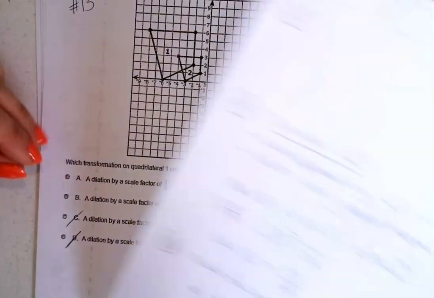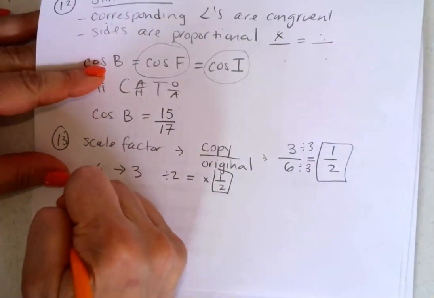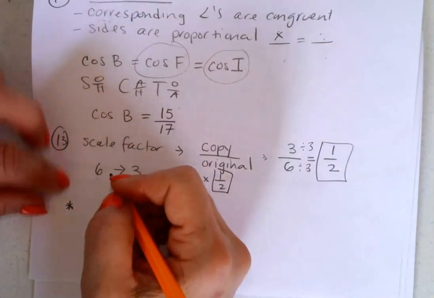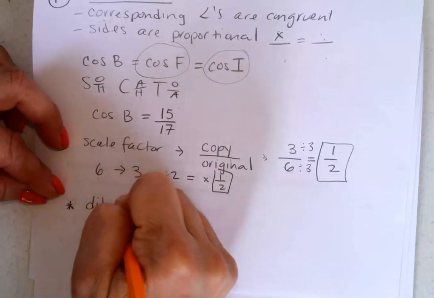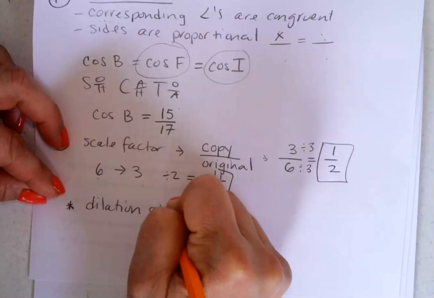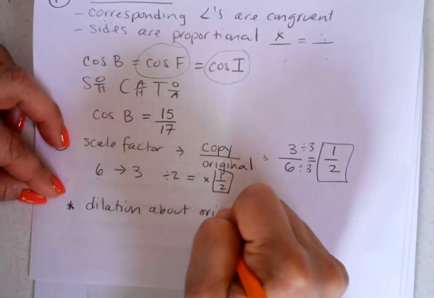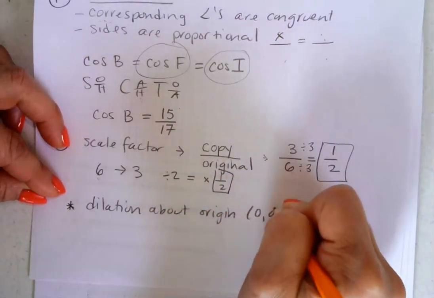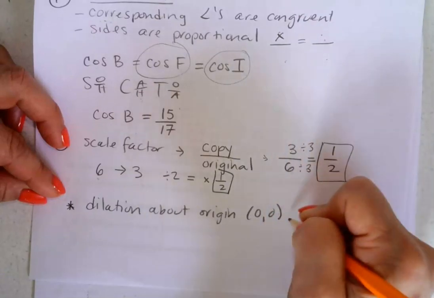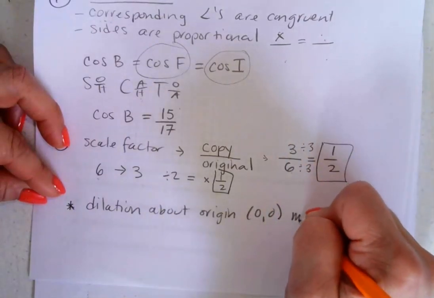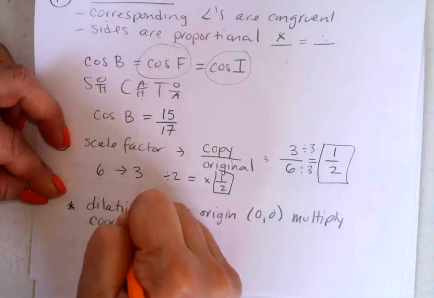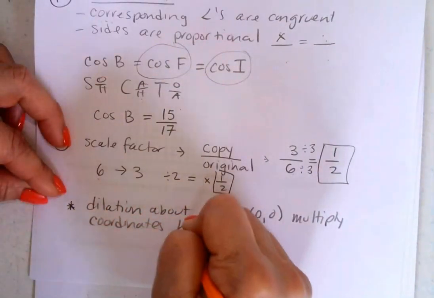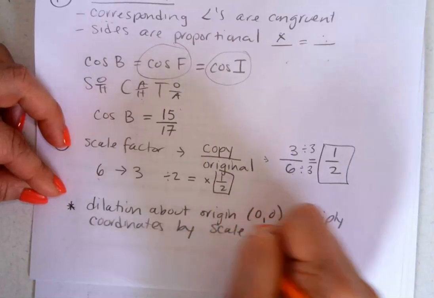So one thing we can write on our paper to remember is that when we have a dilation about the origin, which is 0, 0, we just multiply the coordinates by the scale factor.